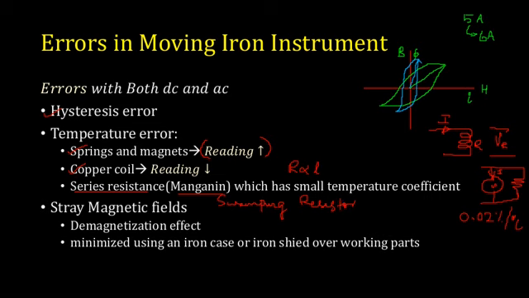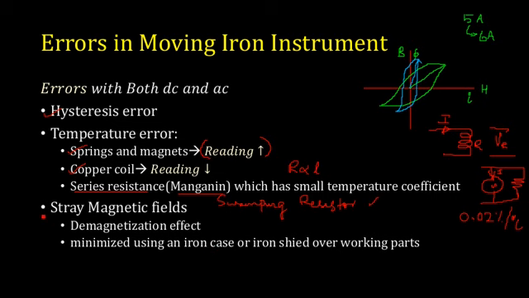The manganin will have very minimal variation. When you combine them together, the net change of resistance with respect to temperature will be very less. You can take some practical example, take two values, compare and find out the change. That can be done, and this can be proved.